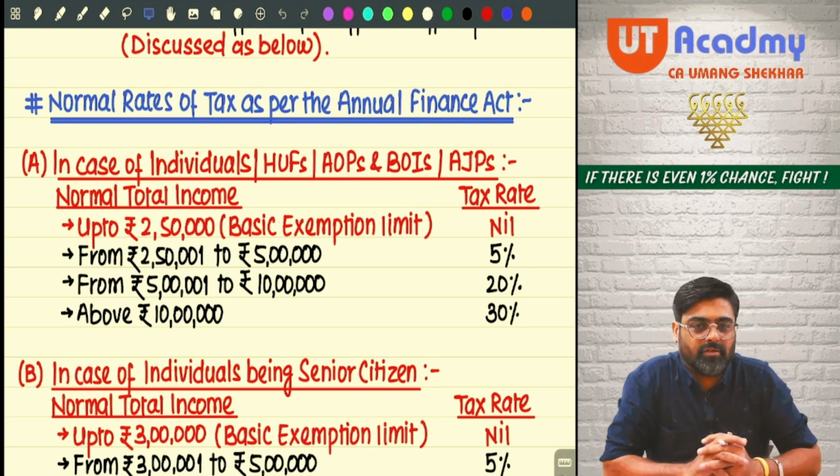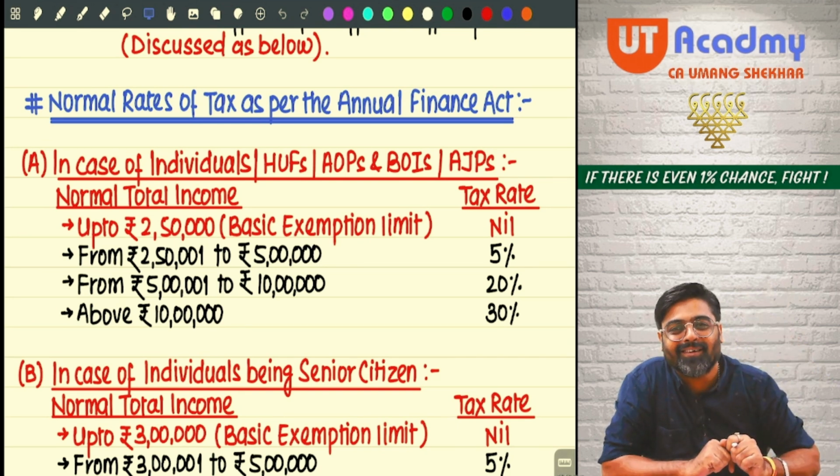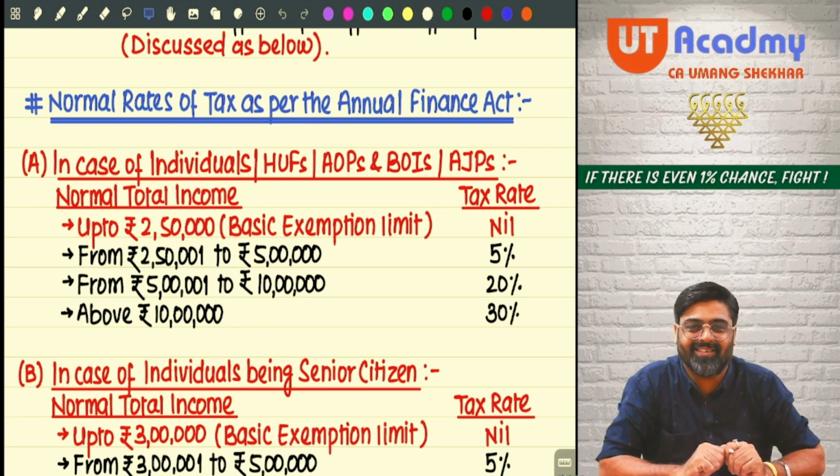What if your age is 85 years and you are still a non-resident? Even if your age is 500 years, still you will not be treated as a senior citizen because you are a non-resident.